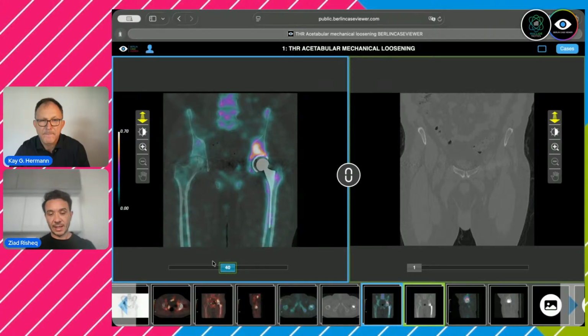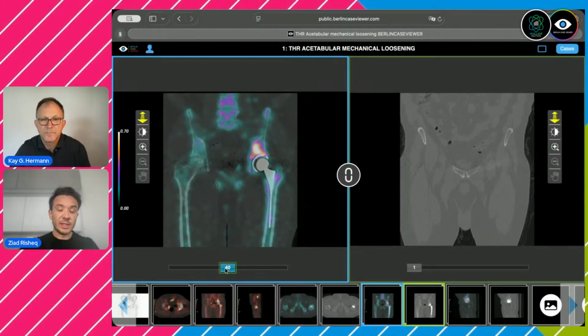When we look at SPECT CT, to diagnose an abnormality, or let's say aseptic loosening, or generally speaking, loosening, you need to see intense uptake involving all the acetabular zones. So we have here zone 1, here zone 2, and here zone 3.